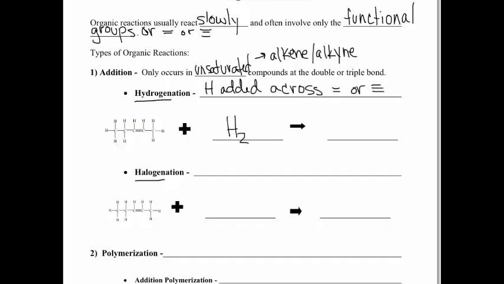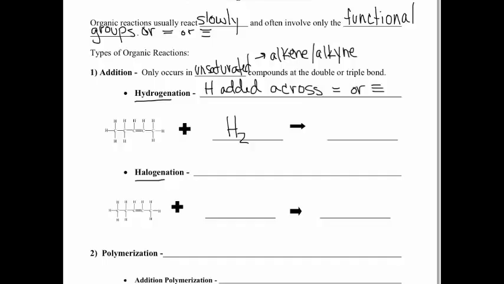If you've ever heard of hydrogenated oils, what they've done is they've taken an unsaturated oil, meaning it has a double bond in that fatty acid chain, and when they add the hydrogen across it, they break these bonds, making it a saturated fatty acid, which tastes better and is typically solid at room temperature, so that's why they would do that.